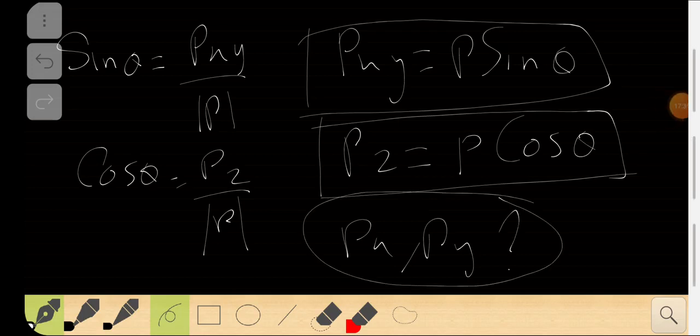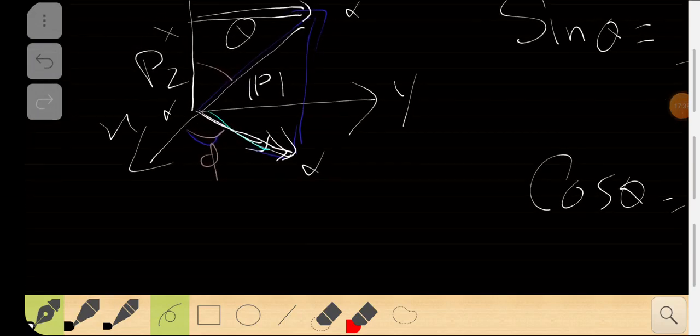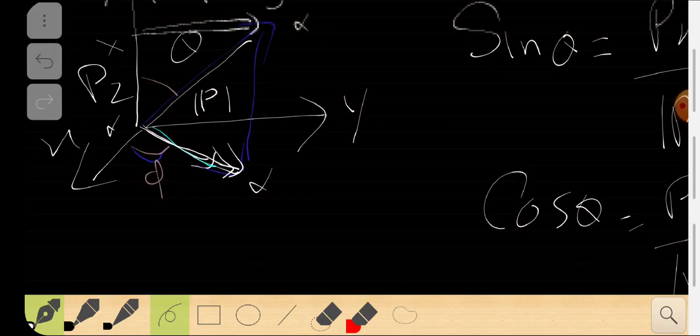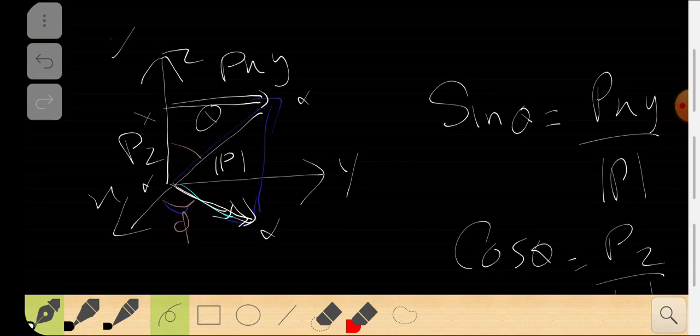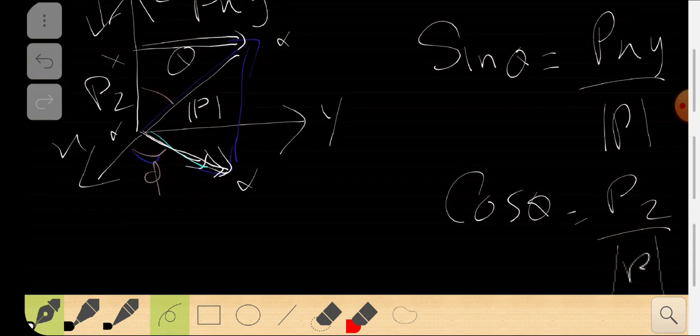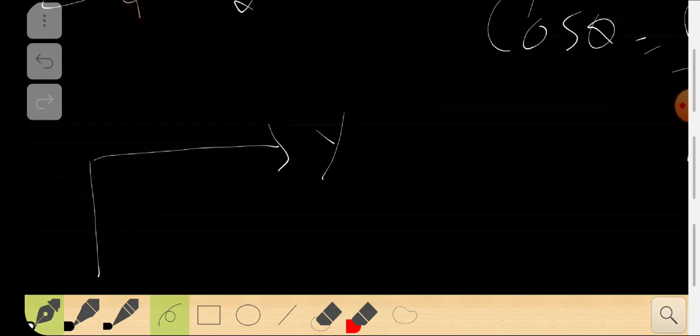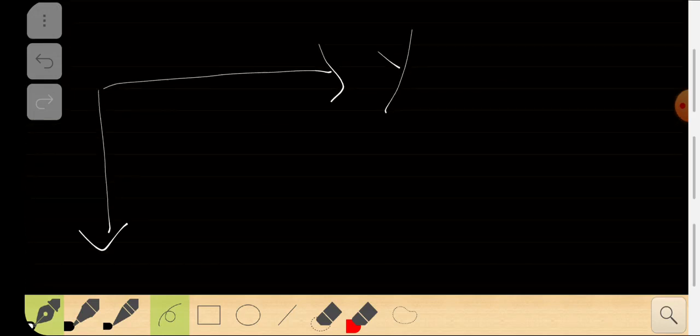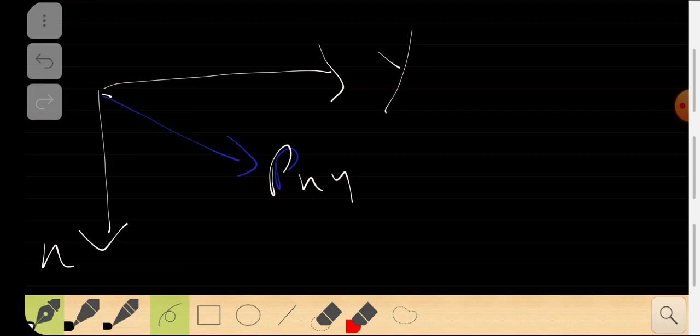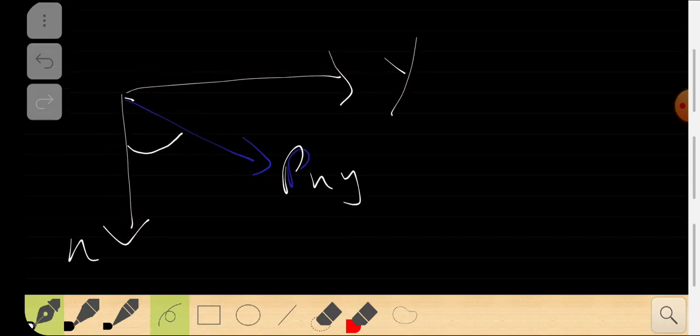Now if you look at the same graph from above, looking from this direction downwards, you will see that the y-axis will be in this direction and the x-axis will be in this direction. This will be our p of xy, and this angle, as I said earlier, is called phi.